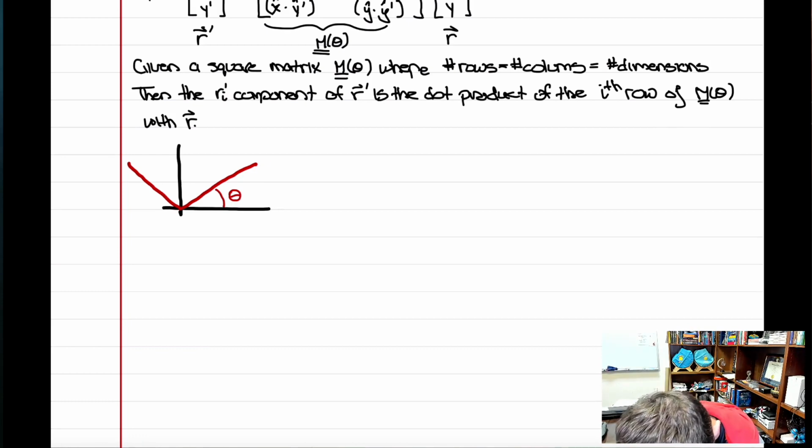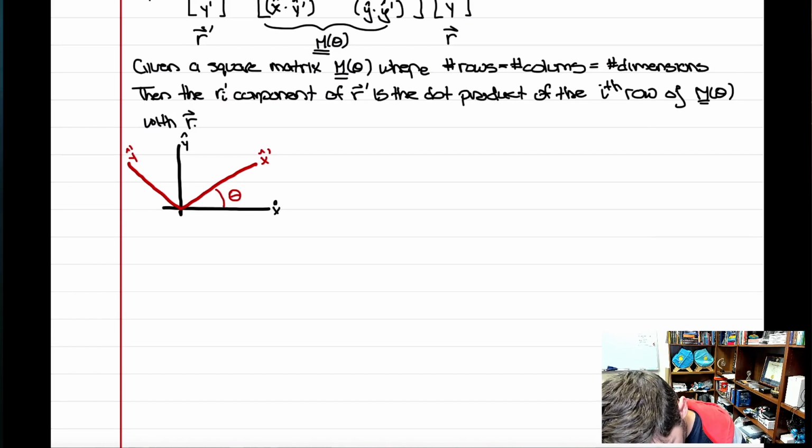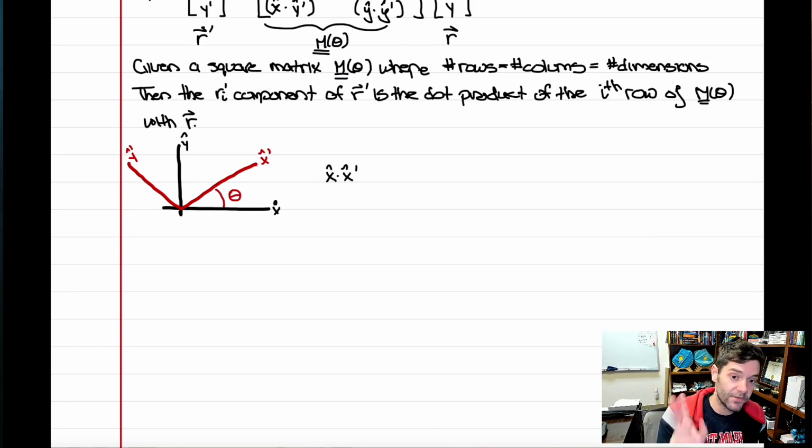And again, this is x hat, y hat dash, and then this is y hat, x hat dash. So one of the first ones looks like x hat dot x hat dash. Well, these are two unit vectors, so their magnitude is 1. And I know that the dot product is the product of the magnitudes times the cosine of the angle between the two vectors.